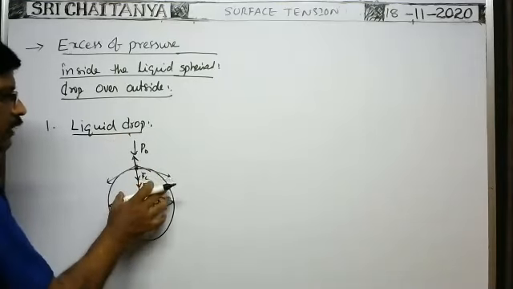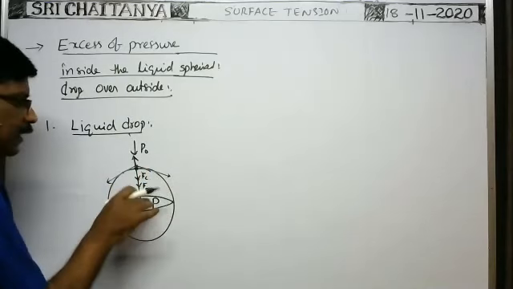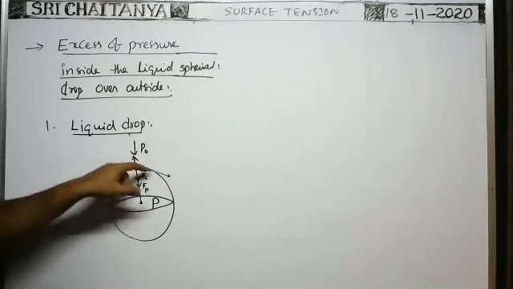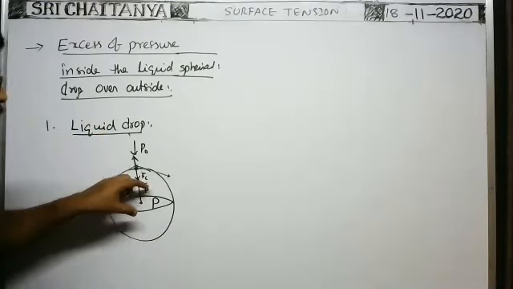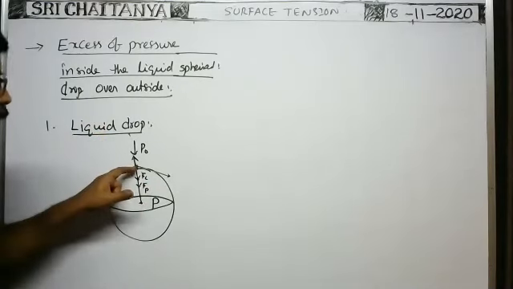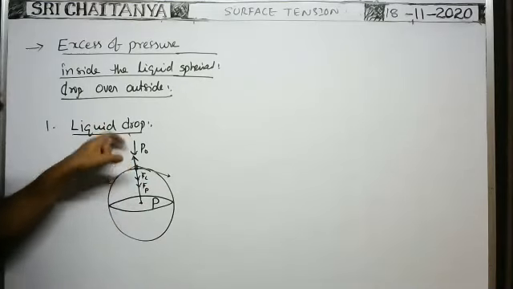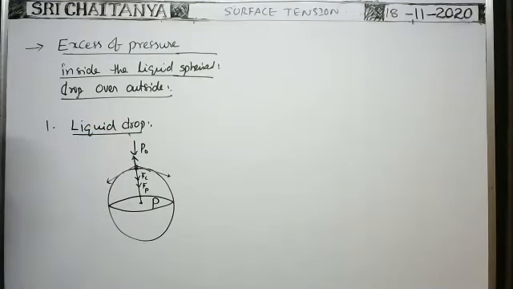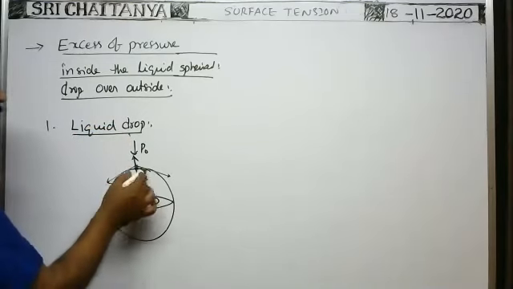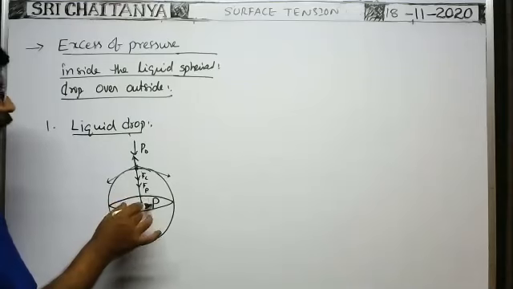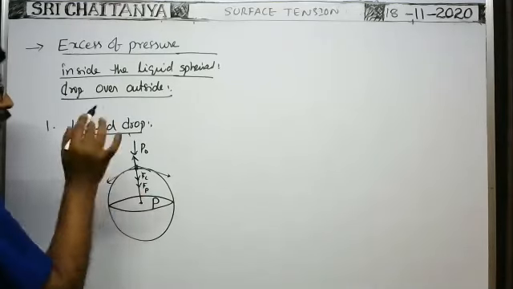That is possible whenever the liquid drop has some pressure P inside it. Because of the molecules of the liquid drop present inside, some force acts on the molecule in the outward direction, away from the center. In order to balance these forces, the pressure inside the liquid drop must be greater than the pressure outside.